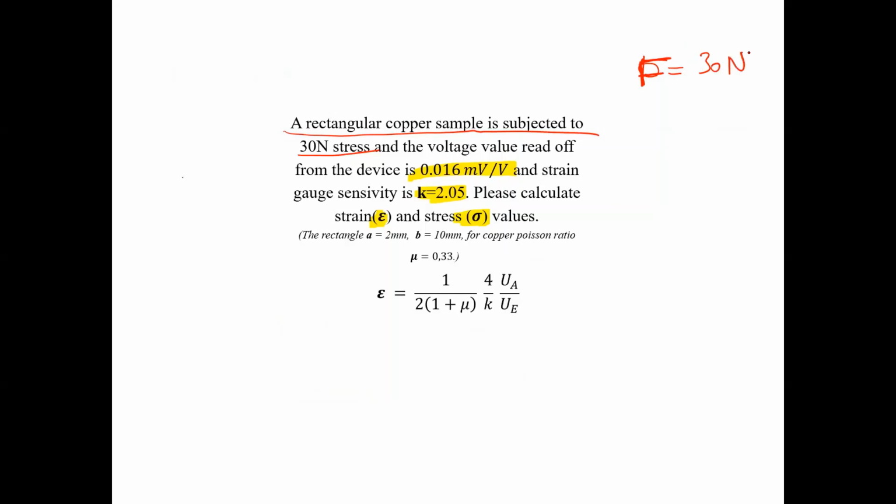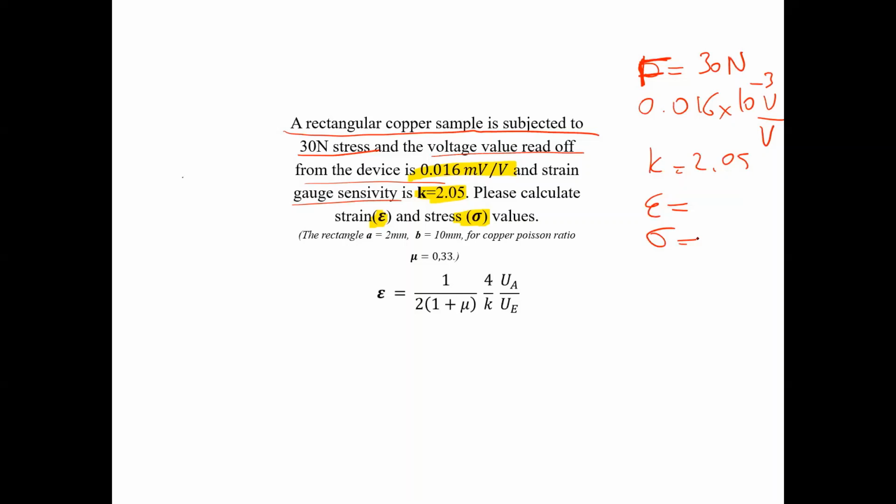And the voltage value read off from the device is 0.016 times 10 to the minus 3 volts per volt, and strain gauge sensitivity K is 2.05, and then we can calculate strain value, also stress value.